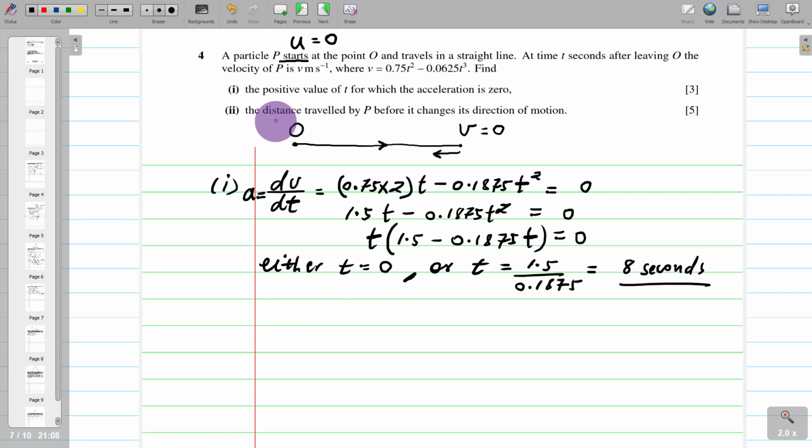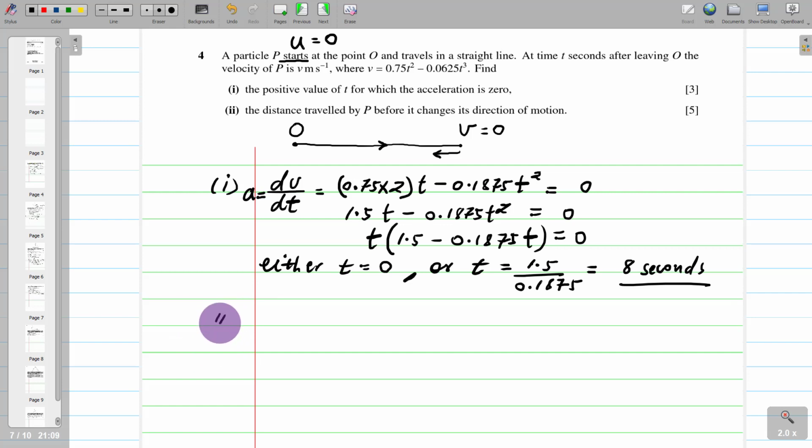So we have to calculate the distance traveled by P, all this distance from this point to this point, because it is at this point that it changes direction of travel. And we know that when it changes direction of travel, the velocity must be 0. So what is the time taken for the velocity to become 0? We're going to get this expression and then equate it to 0.